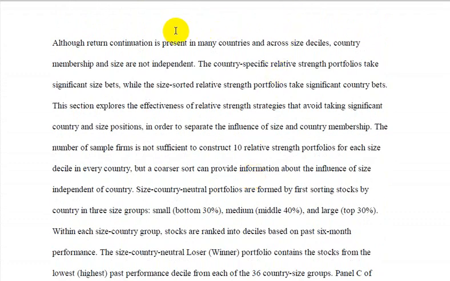We looked at the size neutral as well as country neutral results of momentum effects separately. However, those attributes are certainly not independent. For example, the country-specific relative strength portfolios take significant size bets, and the size-sorted relative strength portfolios take significant country bets. Here we're going to take a look at the effectiveness of relative strength strategies when they avoid taking significant country and size positions.